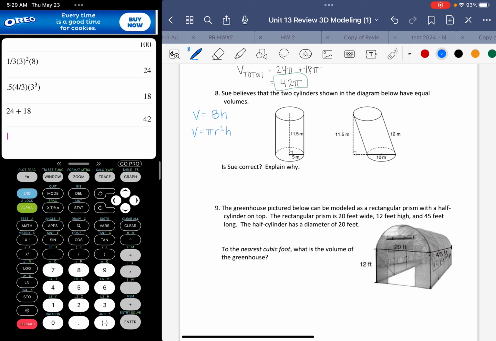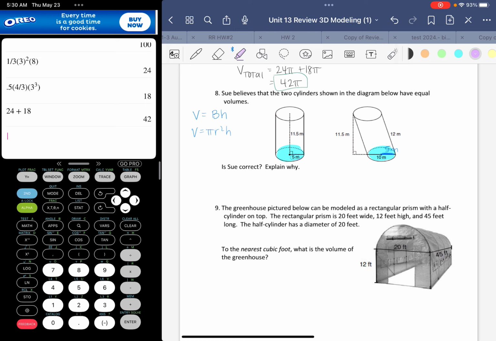So in the one on the left, they give you the radius is 5 meters. The one on the right, they're giving you the diameter is 10. So that means 5 meters is your radius. So both of those circles have a radius of 5. So they would have the exact same area. Now we just want to look at the heights. Is the height going to be the same?